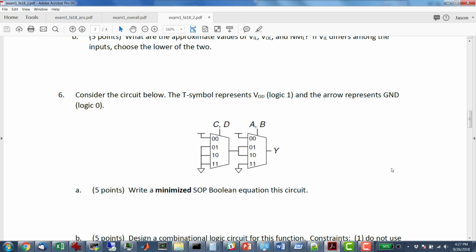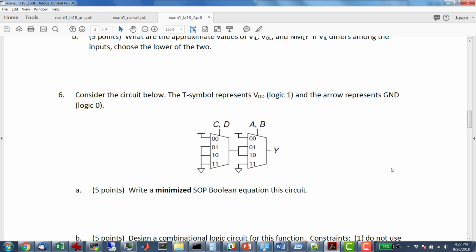But the only time that it could be a 1 is if C and D are both 0, which means I bring in this hard-coded 1. So not C, not D. So not A and B selects this input. And then if C and D are both 0, not C and not D, then I'll be taking this VDD, routing it through this mux, and then through this input over to Y.